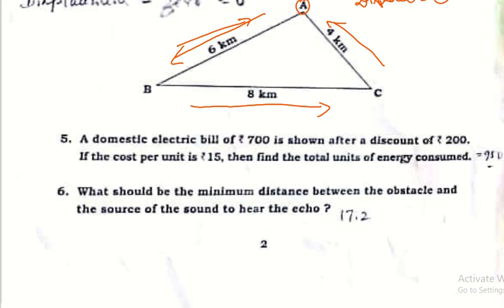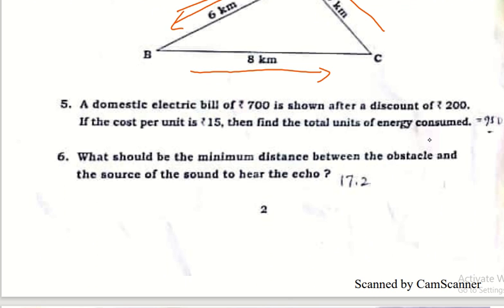Then a domestic electric bill of 700 rupees is shown after a discount of 200 rupees. This means 700 rupees after the discount of 200, so if you add the discount, the total bill is 900 rupees, and the cost per unit is 15 rupees.